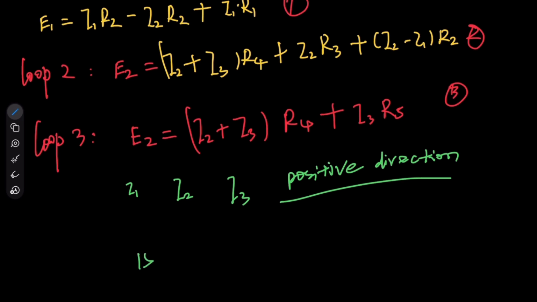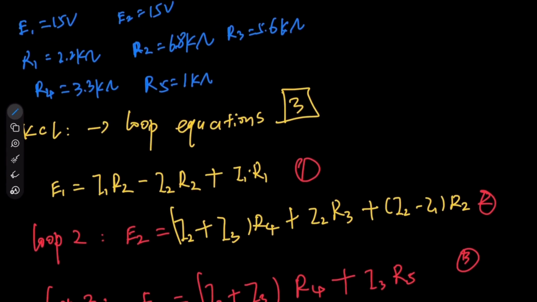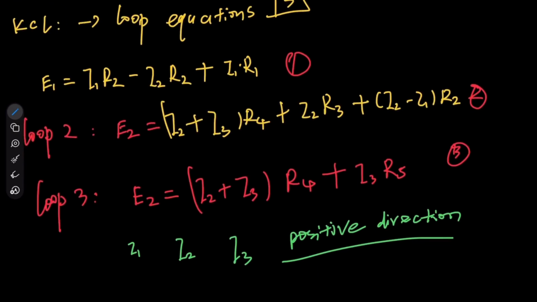So for the first equation, E1 is 15 equals I1 times 6.8, then minus I2 times 6.8, plus I1 times R1, which is 2.2.